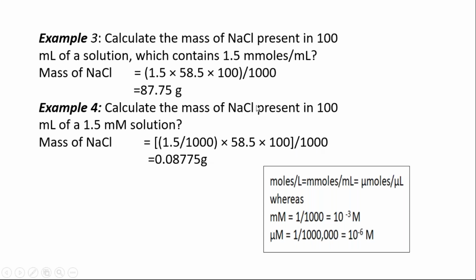And so this solution will contain only 87.75 milligrams of sodium chloride. So a 1.5 millimoles per milliliter solution will contain 87.75 grams of sodium chloride, whereas a 1.5 millimolar solution will contain only 87.75 milligrams.